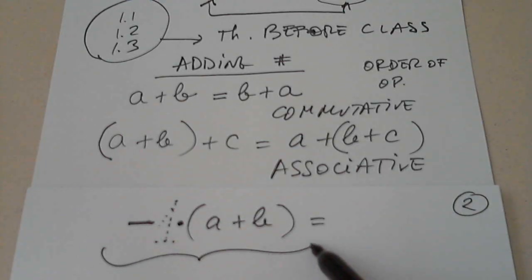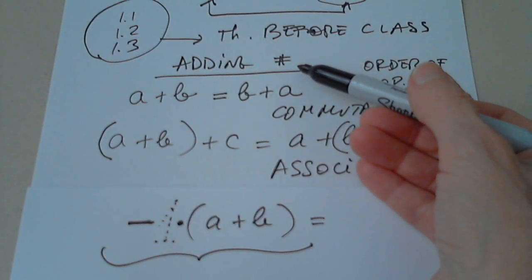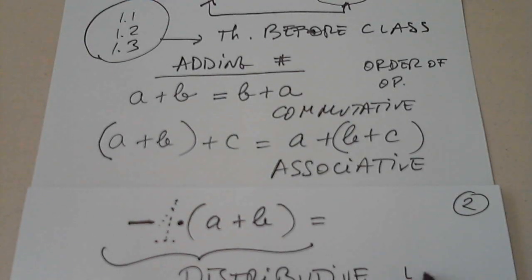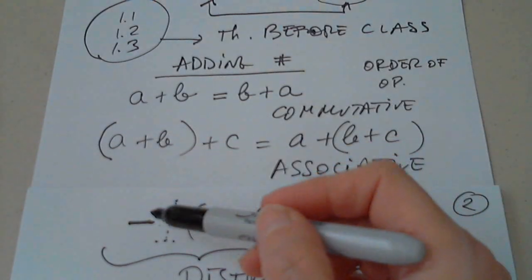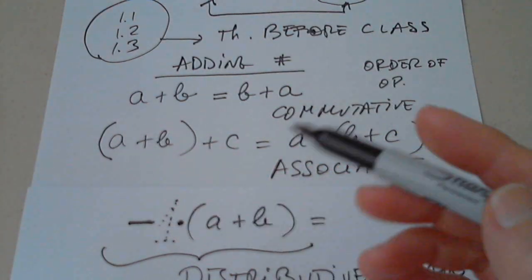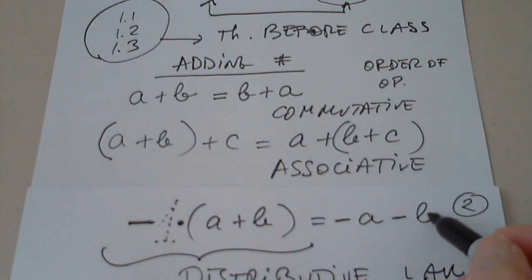So when we combine these, it's no longer an adding property, right? So this is a distributive law. So what does this mean? It means that I have to distribute -1 to a, so -1 times a will be -a, and I distribute -1 to b, and this will be -b.